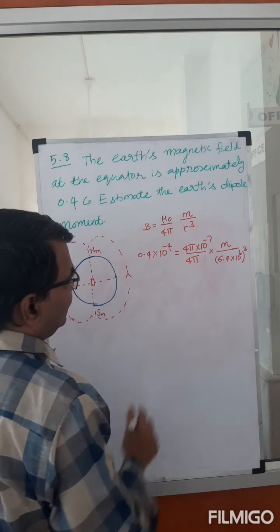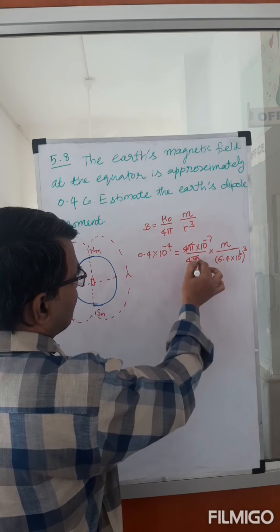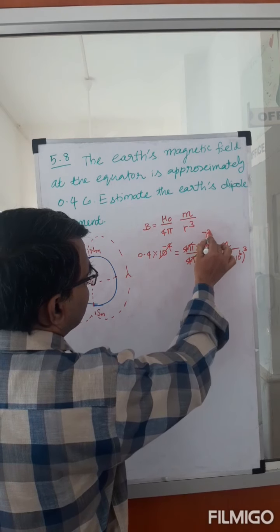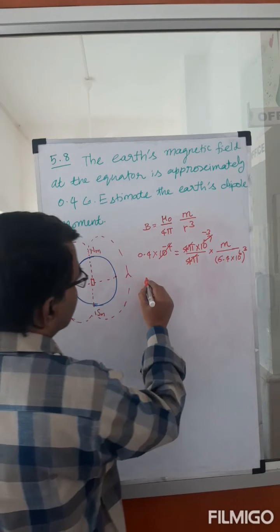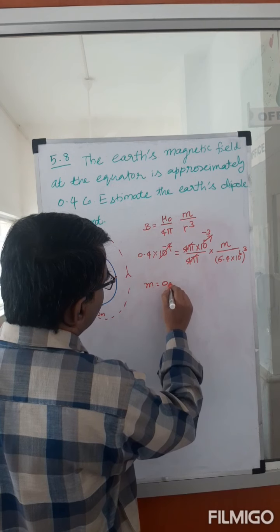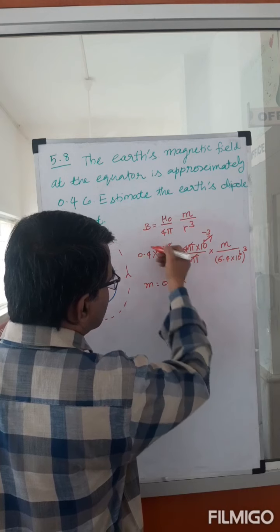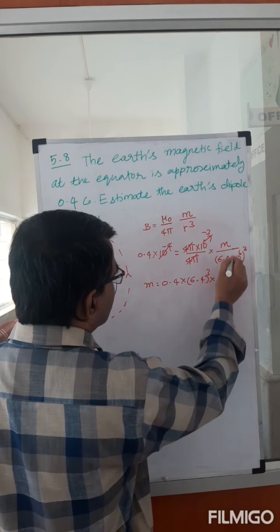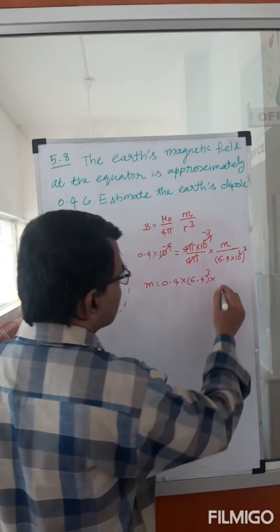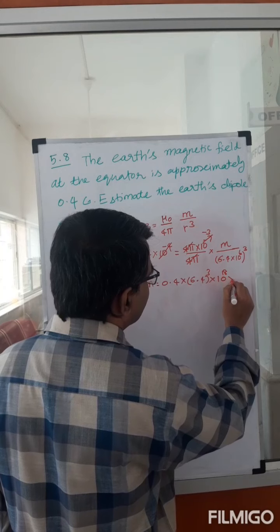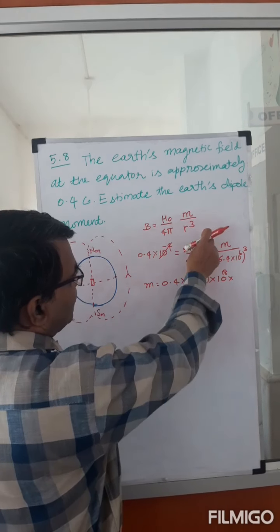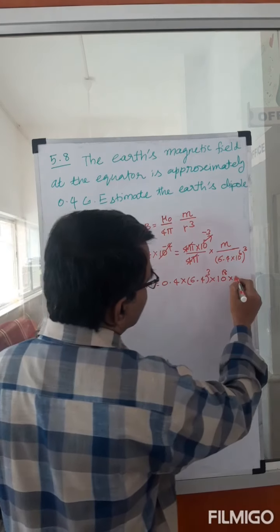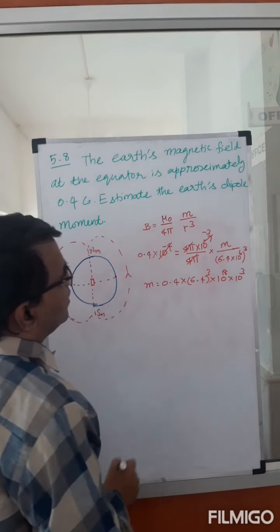So from this I can find m, and as a first step let me cancel the common quantities. 10 power minus 4 will be gone, so I'll get 10 power minus 3 here. So m is going to be equal to 0.4 into 6.4 whole cube into 10 power 6 the whole cube, which gives 10 power 18, into the 10 power minus 3, which I can take down as 10 power 3, and when it comes here it will be 10 power 3 again.